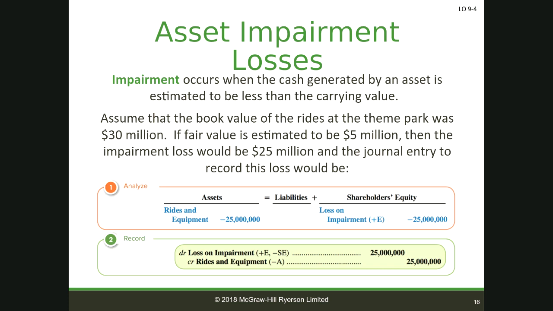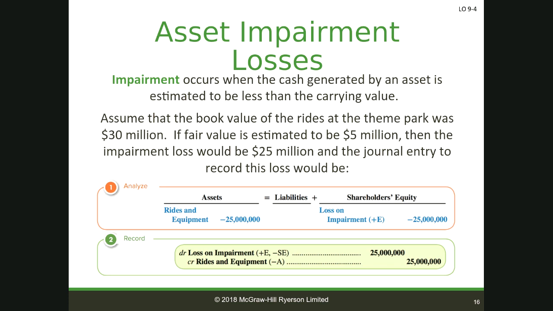The journal entry, right, to record the impairment: debit loss due to impairment, $25 million, and then credit rides and equipment, $25 million. Now, normally, good accounting would be, when you credit rides and equipment, what I would suggest is the name of the account should not just be rides and equipment, it should be rides and equipment dash accumulated impairment.